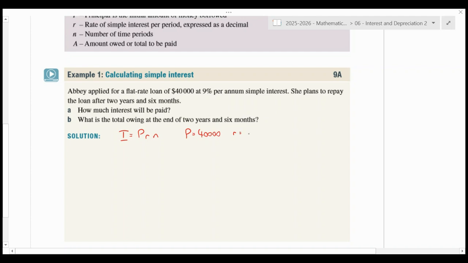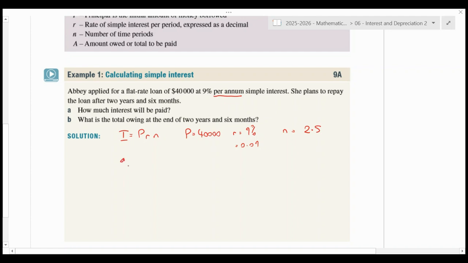Our interest rate is 9%, or 0.09 if we do it as a decimal. And the number of interest-bearing periods is 2 years and 6 months, which is 2.5, because our interest-bearing period is per annum, so it's per year.